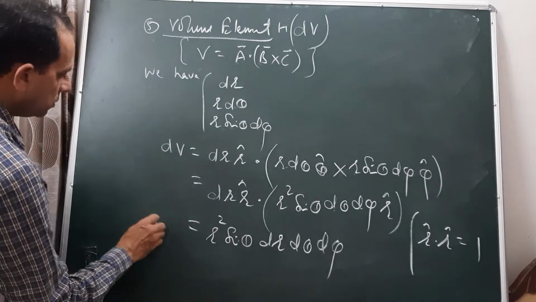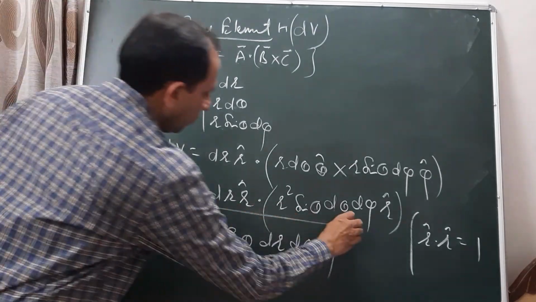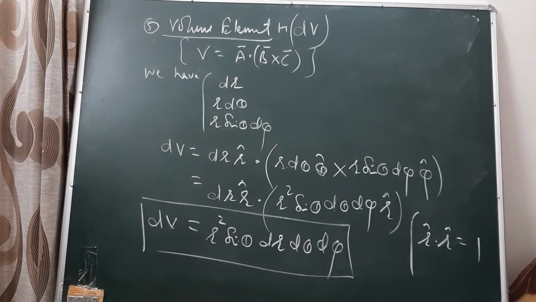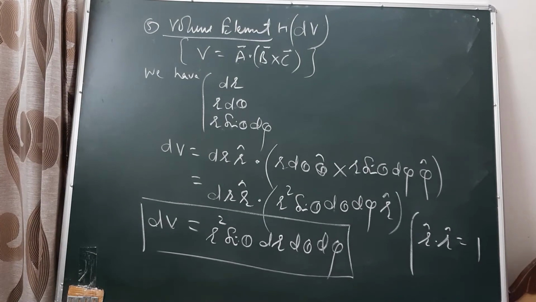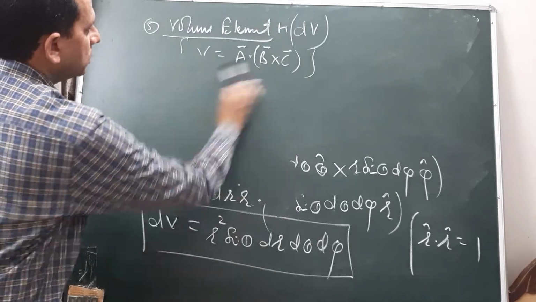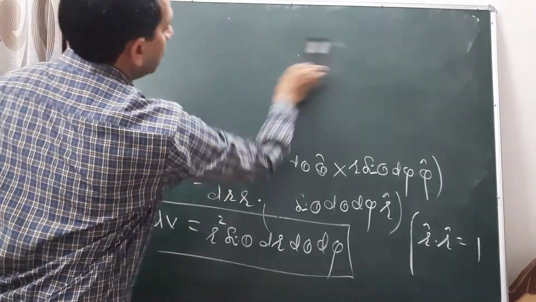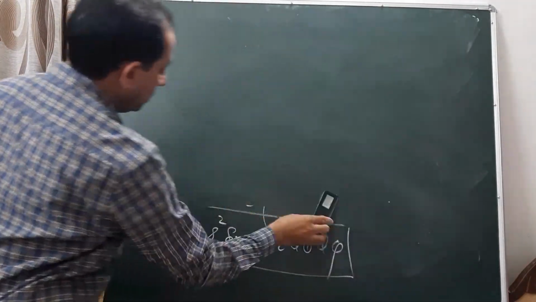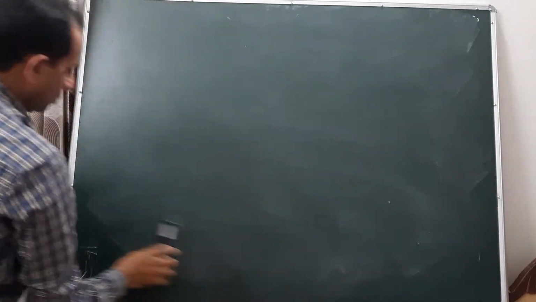So this one is the volume element in the spherical polar system. So these are the two topics, area element and volume element in the spherical polar system. After that, we will do the numericals based upon these area element and volume element in the next lecture. Thank you very much.